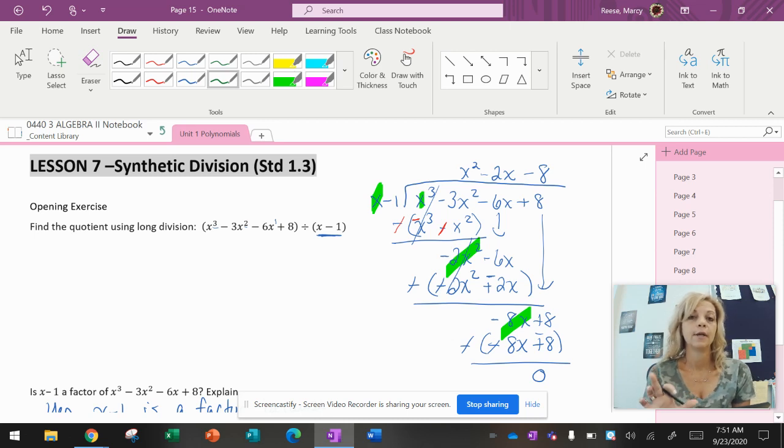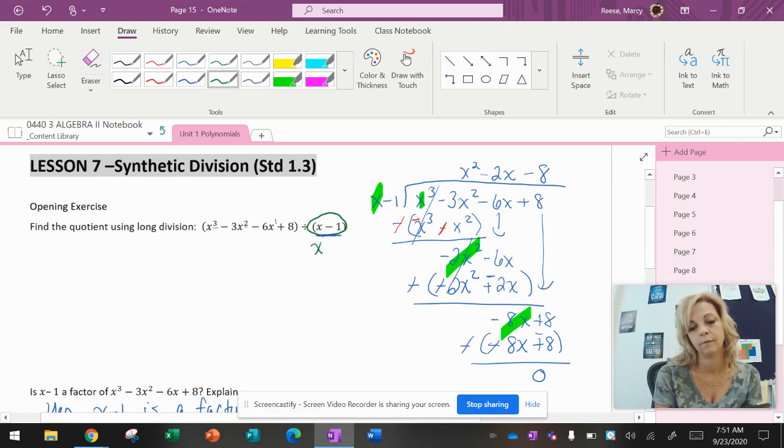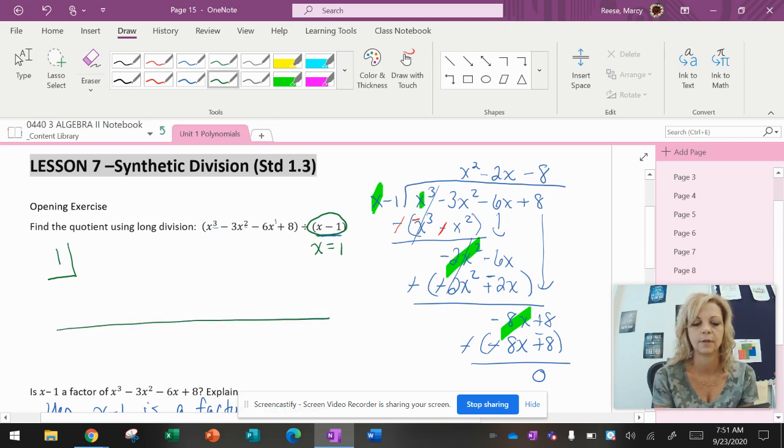Okay, so synthetic division is this. You take the potential factor, x minus 1, and you find the root of it. And you say the root is x equals 1, okay? And then you set this synthetic division up like this. I call this a shelf. So the root 1 goes on the shelf, okay?